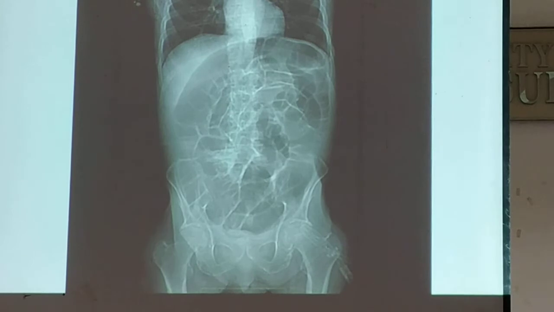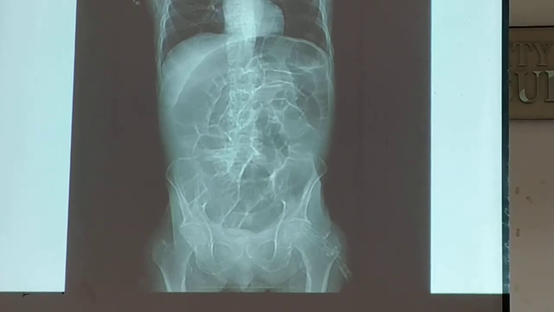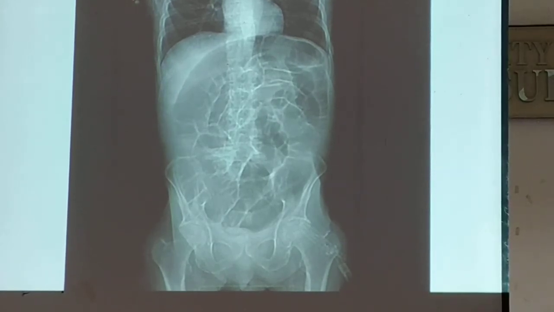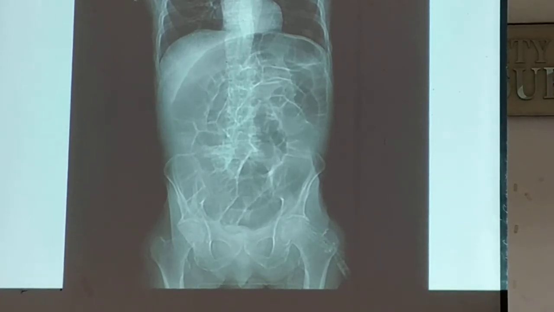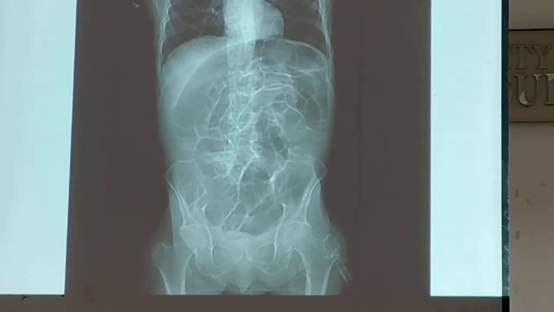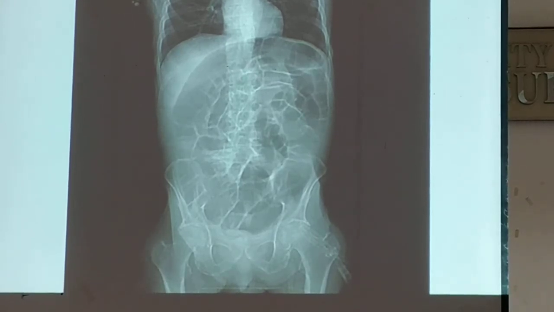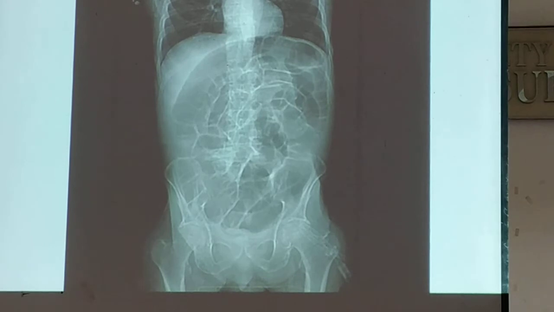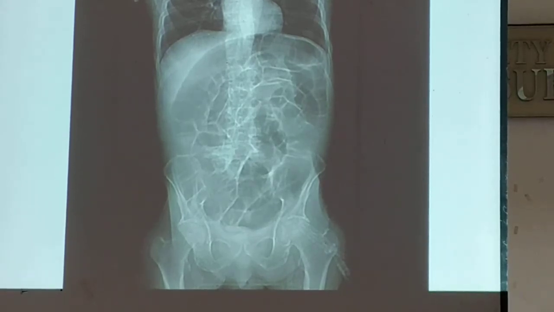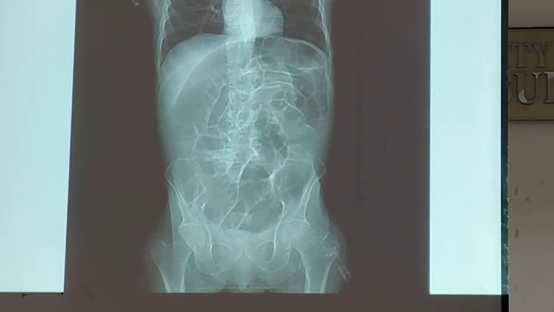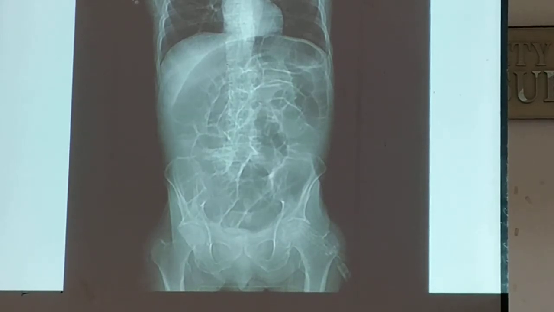And then, in an upright film, you have to observe the air fluid level. Okay. Then the air fluid level would come in different sizes. And then usually it would appear as a step ladder sign, parang stair shaft.